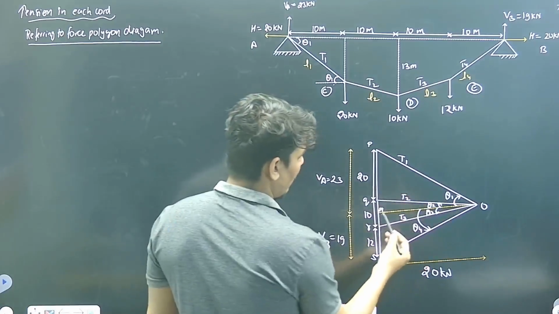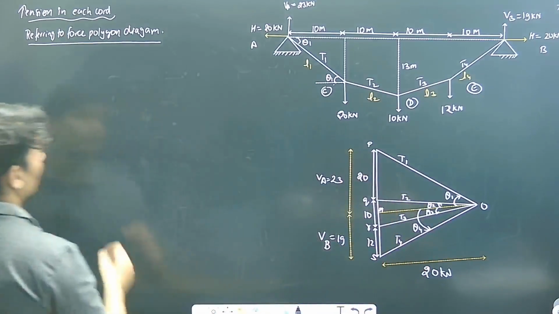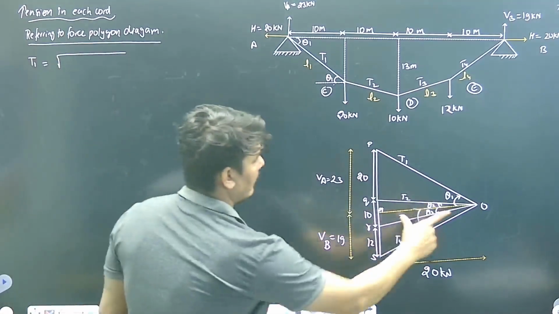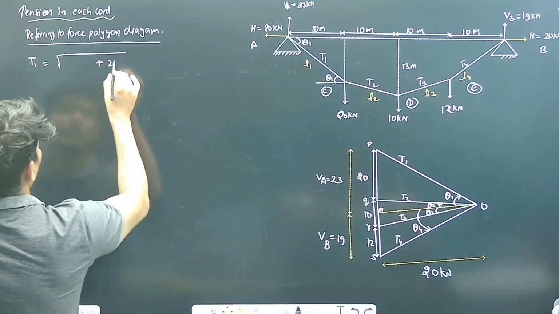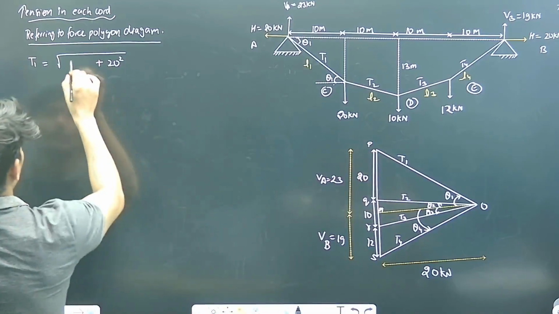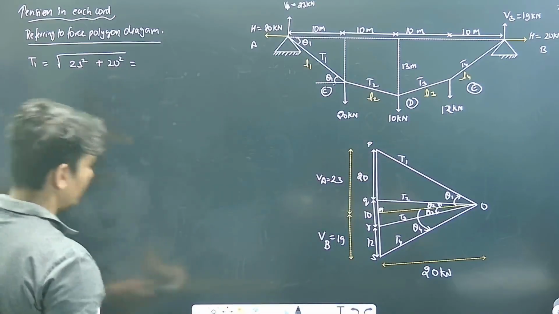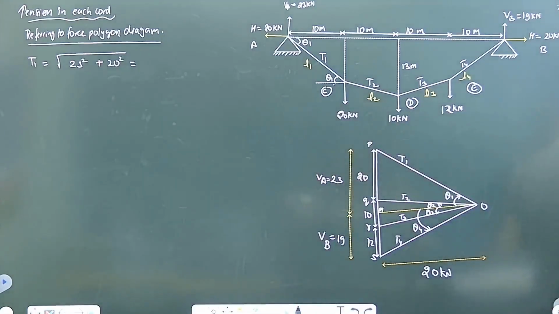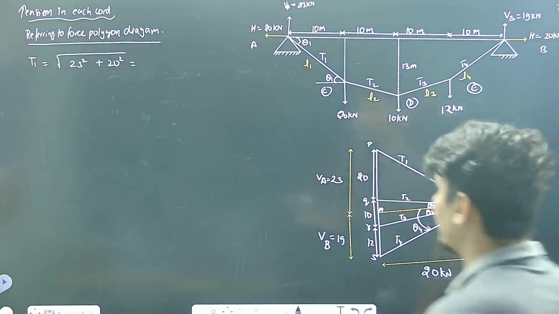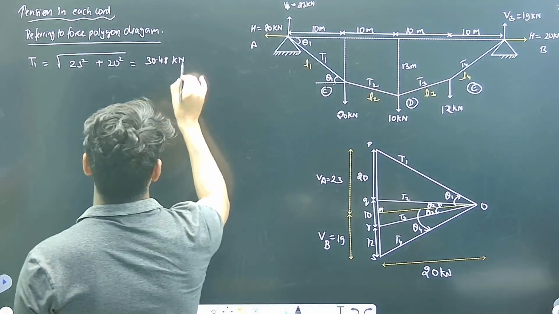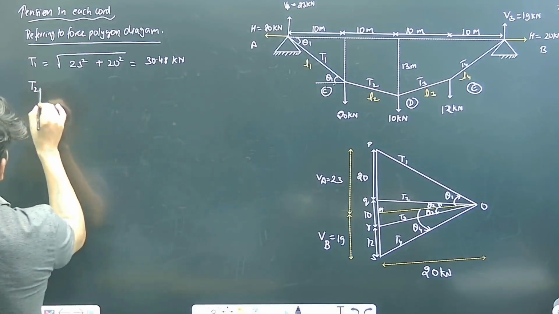In triangle OMP, T1 is equal to root over बेस क्या है? OM है 20 square. What is perpendicular? It's 23. What is T1? 23 square plus 20 square, then root. So T1 is 30.48. 30.48 kilonewton.